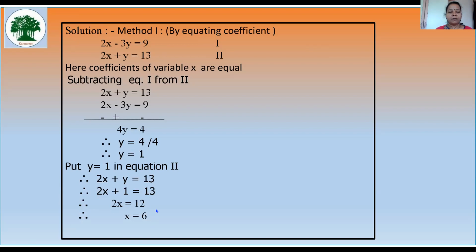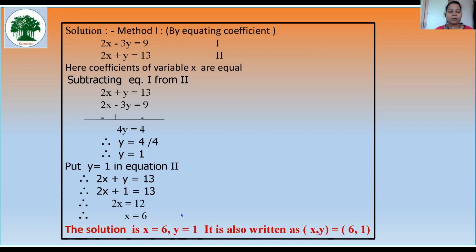So in this way, first we rename the equations. We observe the equations and check whether any variable has equal coefficients. If so, we subtract one from the other, eliminate that variable, and find the value of the other variable. We substitute this value in an equation and find the value of the remaining variable.